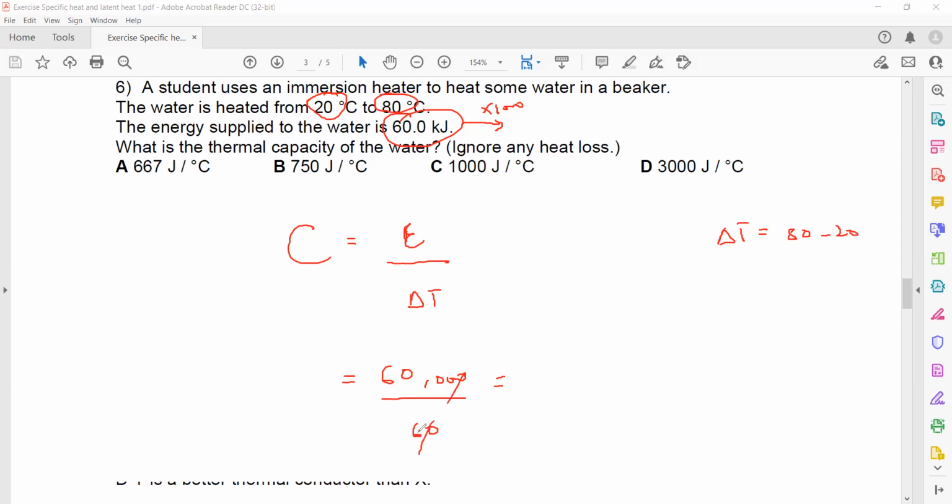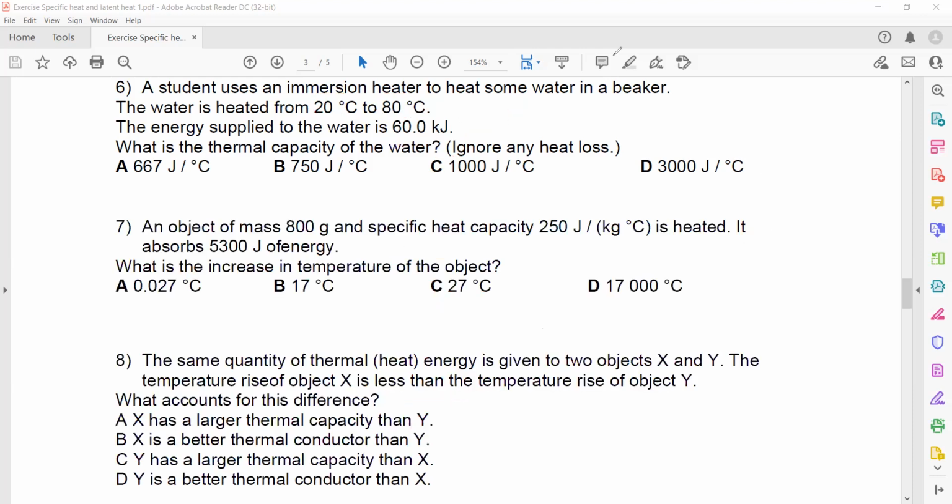So 0 will cancel with 0, this will be 6 and here it will be 1. So it matches with option C, that is 1000 joules per degree centigrade. For every 1 degree centigrade change in temperature, we need 1000 joules of energy.